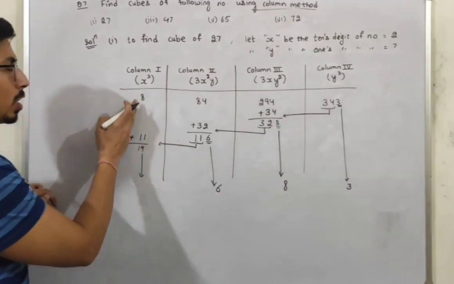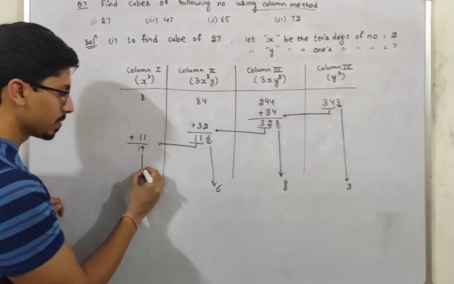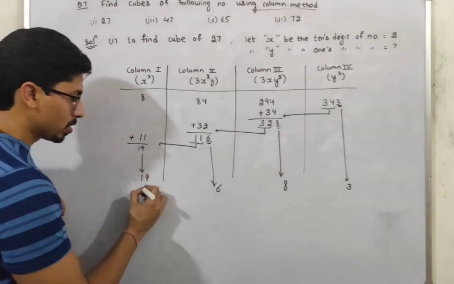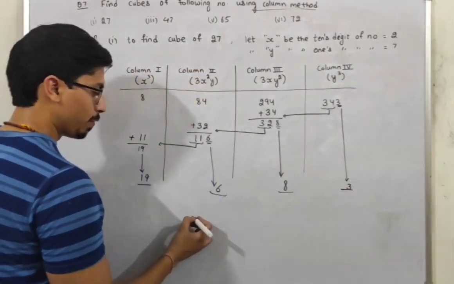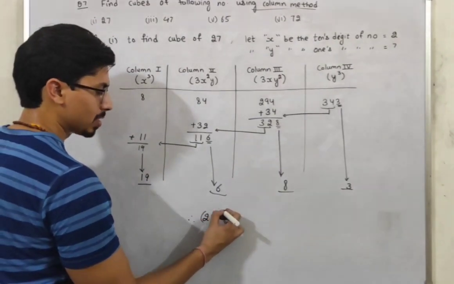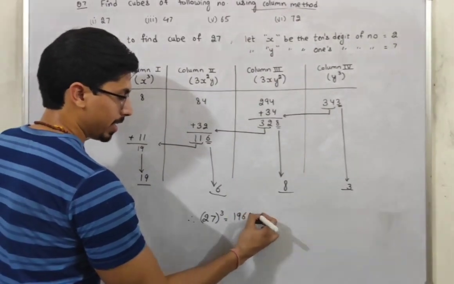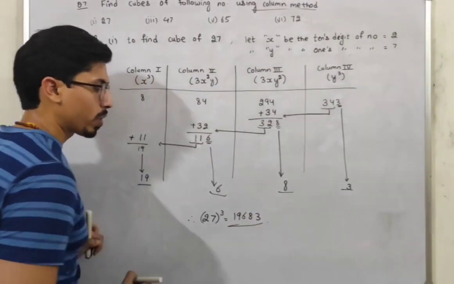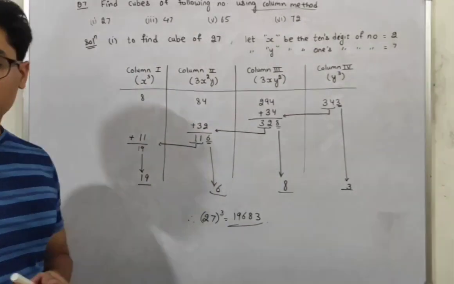Because no column is there beyond this, just write 19 as it is. So the number is 19683. Therefore the cube of 27 is 19683, students. This is our first part.